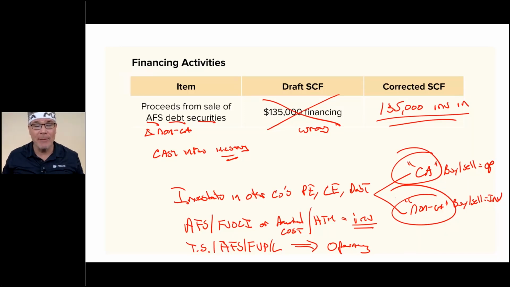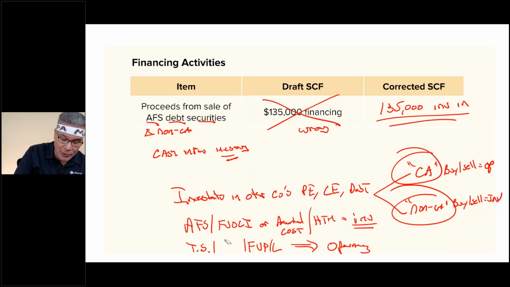Absent that other information, the default rule: fair value through P&L, trading security held for trading, I meant to say. Sorry about that. When they say nothing, presume the buy or sale is operating, okay? Any other security would be investing unless they tell you otherwise.